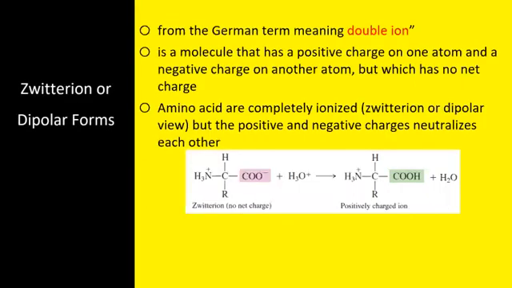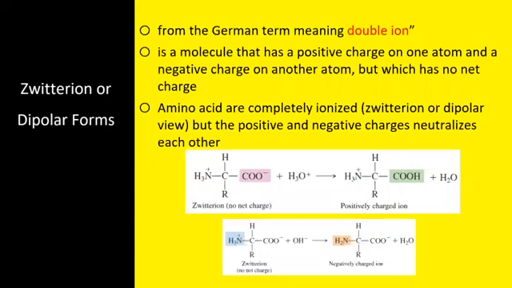I have mentioned this one: Zwitter ion or double ions, or we can term this as dipolar forms. It is a molecule that has a positive charge on one atom and a negative charge on another atom, but which has no net charge.